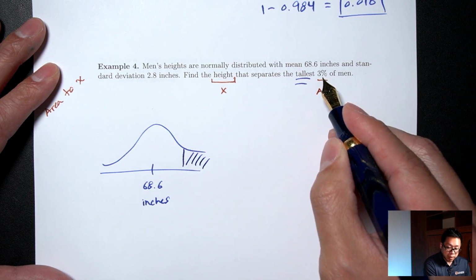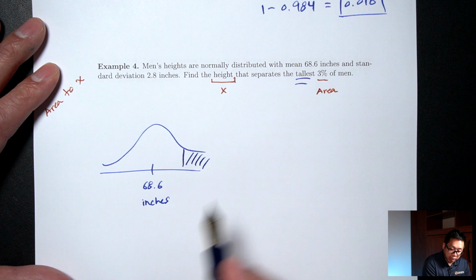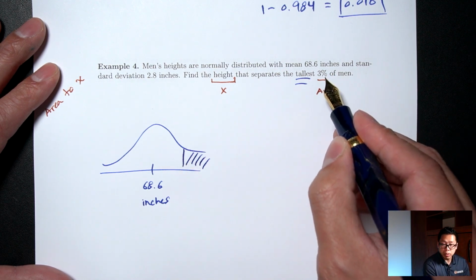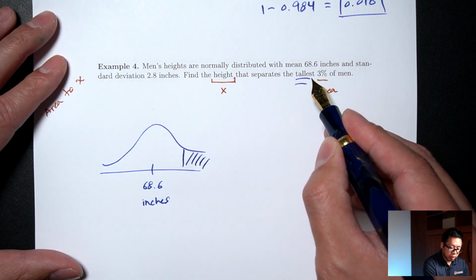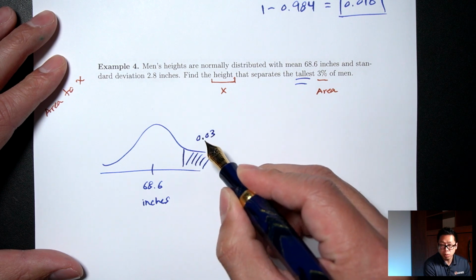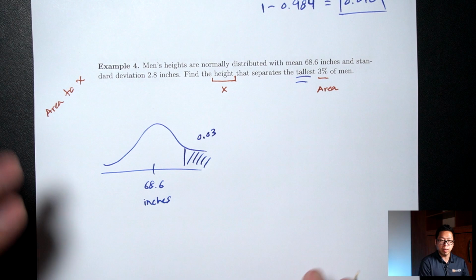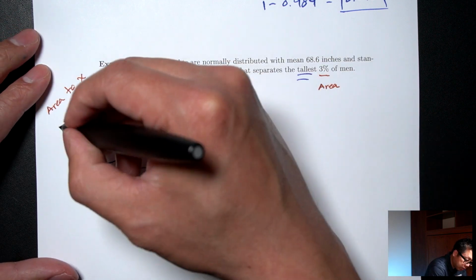That 3% is an area, so I'm not going to put that on the x-axis because the x-axis are heights. That 3% is an area that goes up here. 3% converted to a decimal would be 0.03. Be careful, it's not 0.3, it's 0.03. So that's the setup. This is an area to x that's shaded to the right.